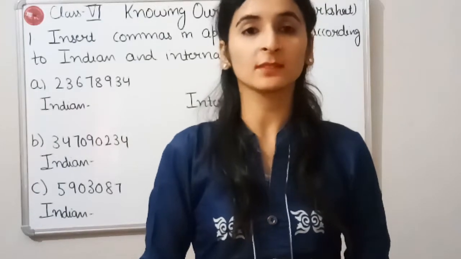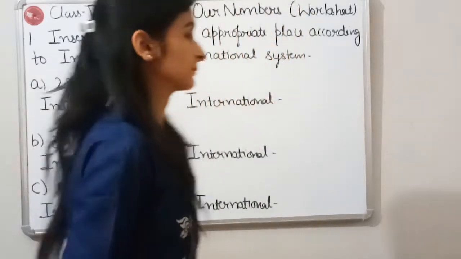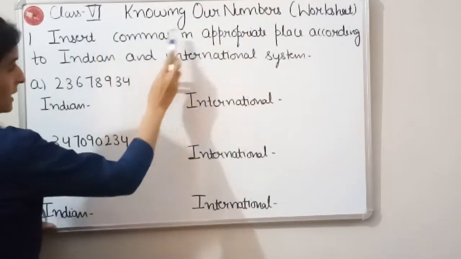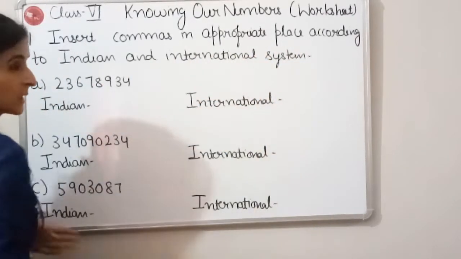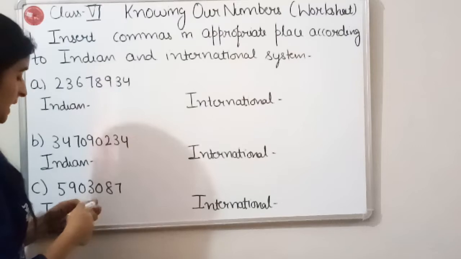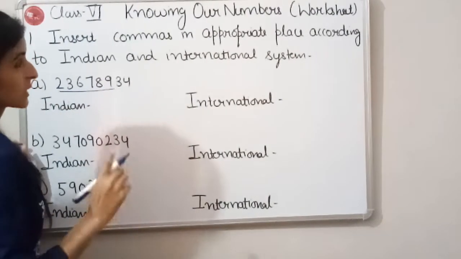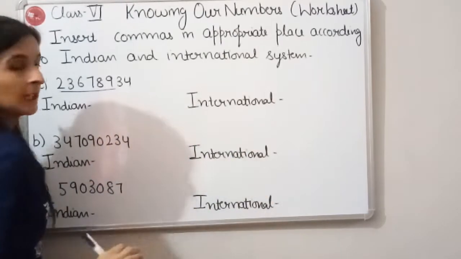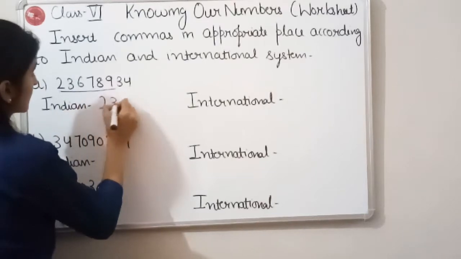Fine, so let us start with the solution of question number 1. Question number 1 is: insert commas in the appropriate places according to the Indian and international system. Here we have given numbers and we have to put commas in between according to the Indian and international number system. So the first number is this.